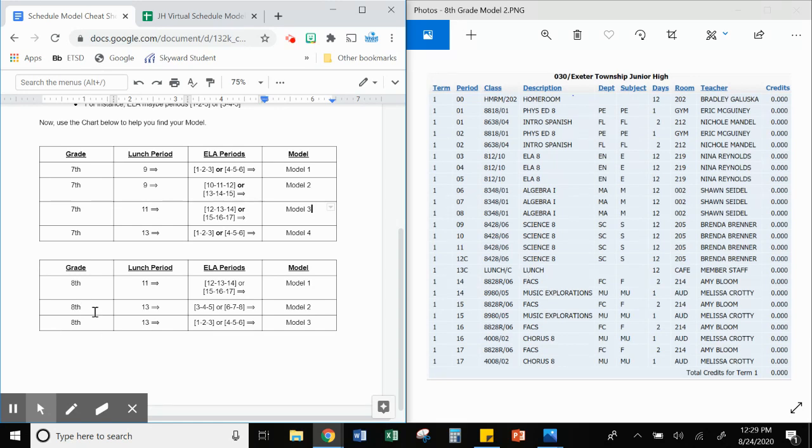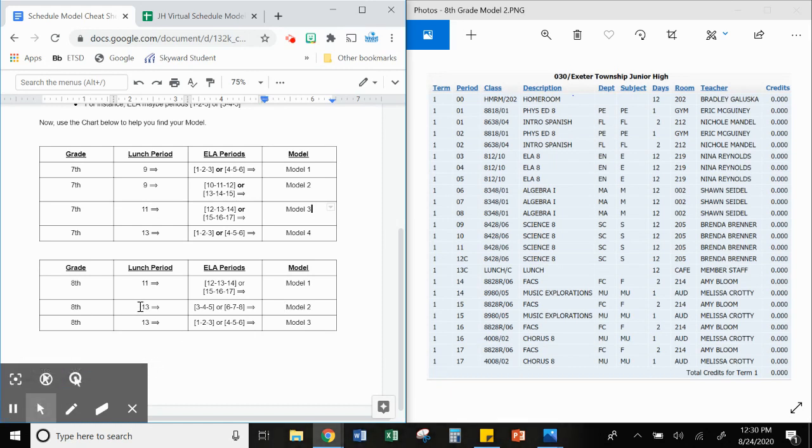So if we are an 8th grade student with a period 13 lunch, we're looking now for ELA. ELA in this schedule is period 3, period 4, and period 5. It could also be 6, 7, and 8. But because we know that it's 3, 4, and 5, and because there is a 13 for their lunch, so period 13 lunch, 13 plus a 3, 4, 5 ELA equals a Model 2 schedule for this 8th grade student.